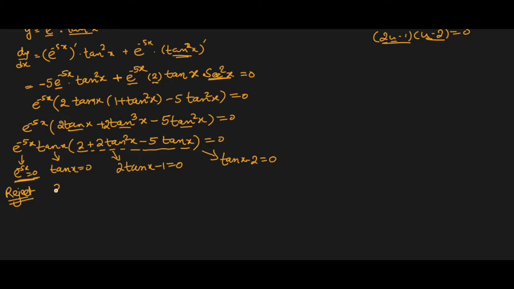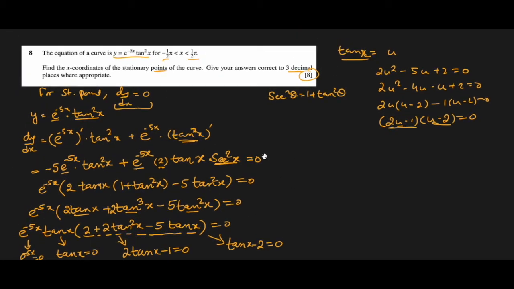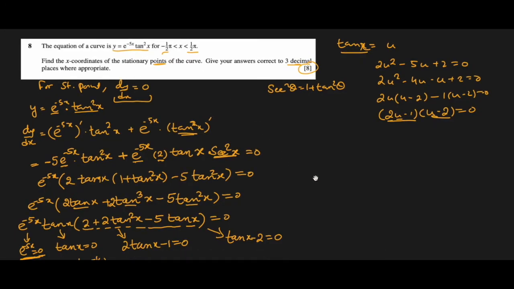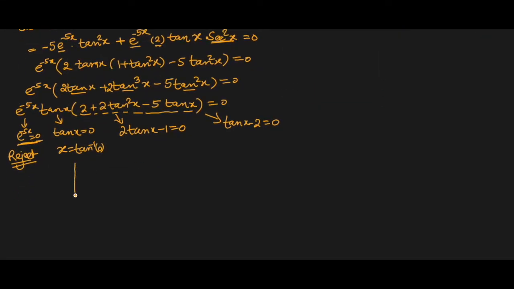Tan x is 0. That means x is tan inverse 0. And they have given us the domain negative half pi to half pi. So that means which ones are they talking about? They're talking about this and this quadrants.